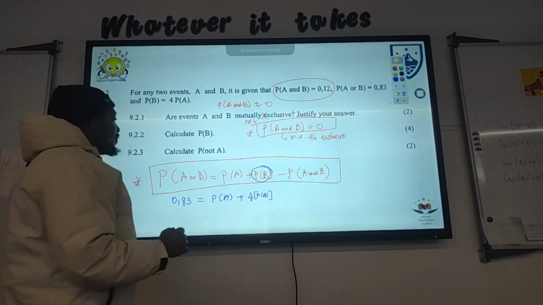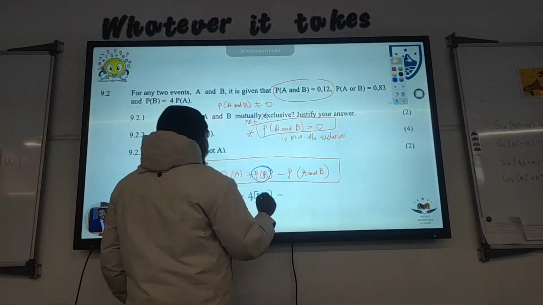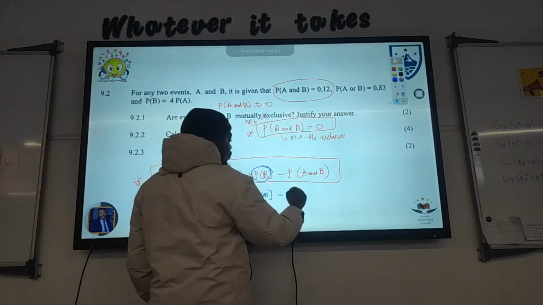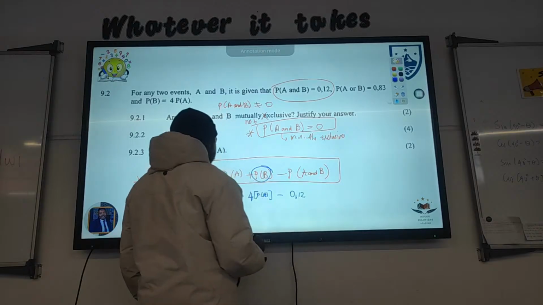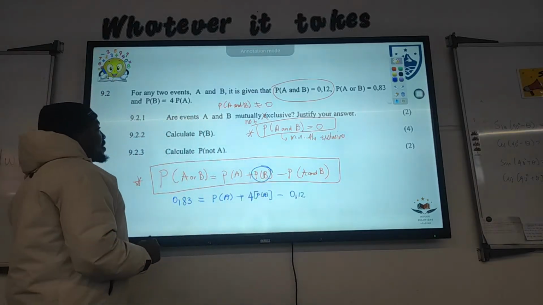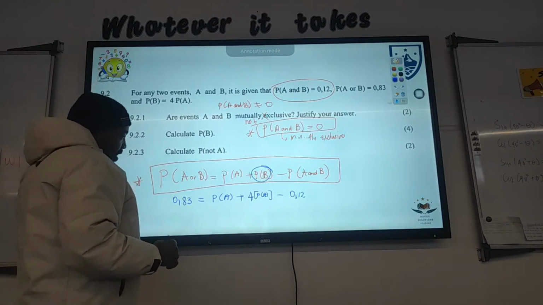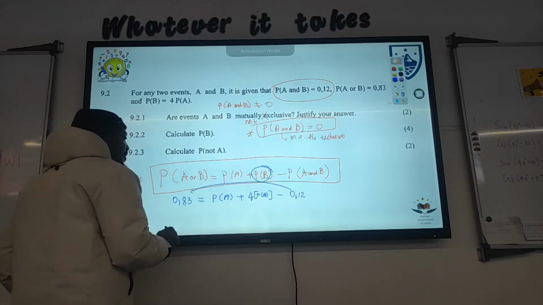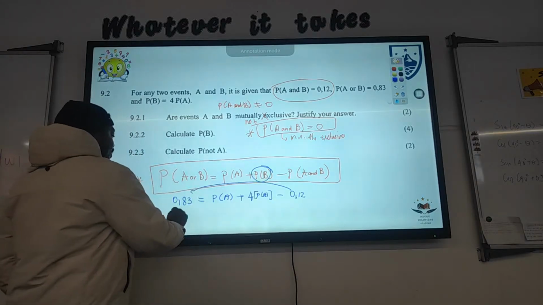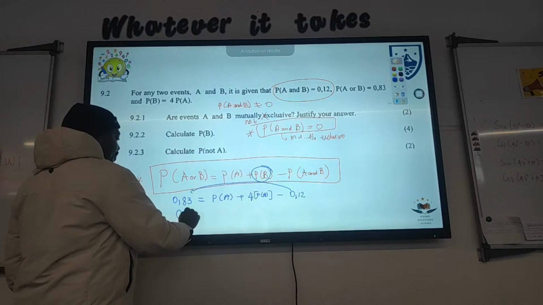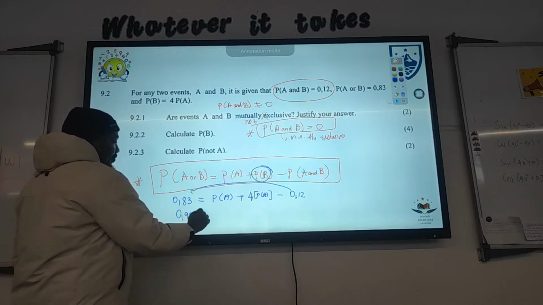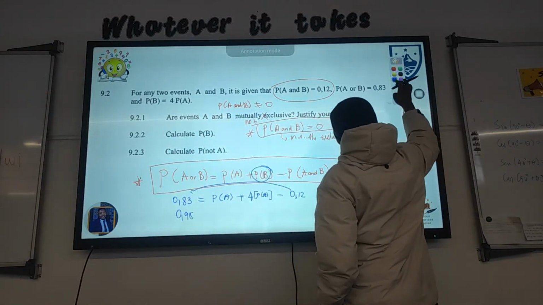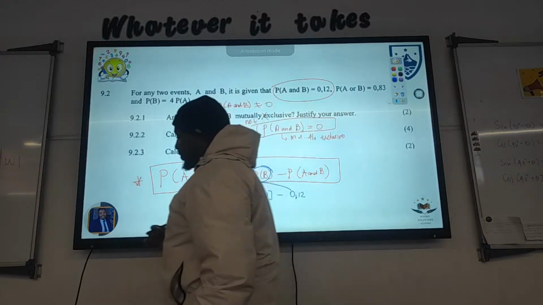And then minus the probability of A and B happening, which was given as 0,12. And then we are simplifying because we are looking for the probability of B happening. So what we can do, substitute this to the other side, we add them together, it's going to give us 0,92. I don't know what's wrong with my 5s. I have twisted 5s.